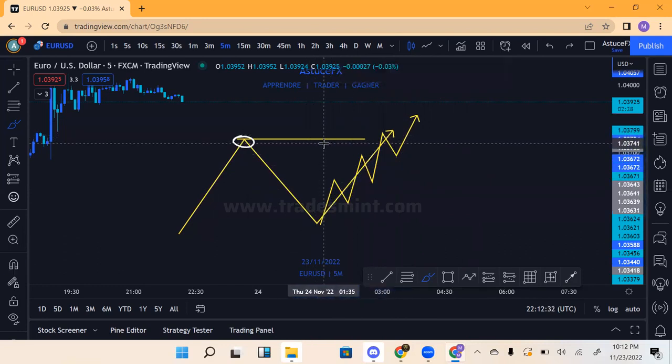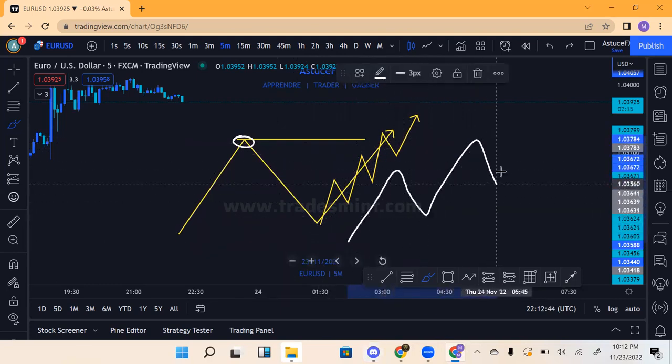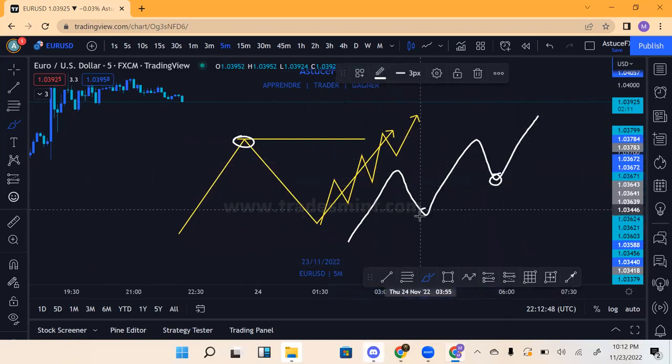So what you have to understand right now is we have the internal liquidity and the external liquidity, which is very important. External liquidity is the one you have on your higher time frame trend. When your higher time frame trend gives you this, your external liquidity are this one, this, this, this.